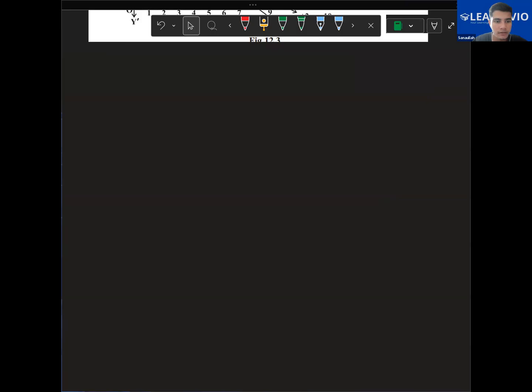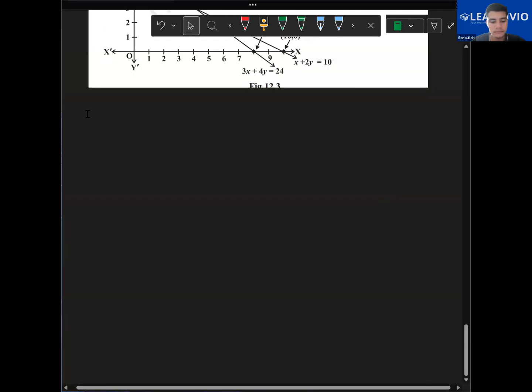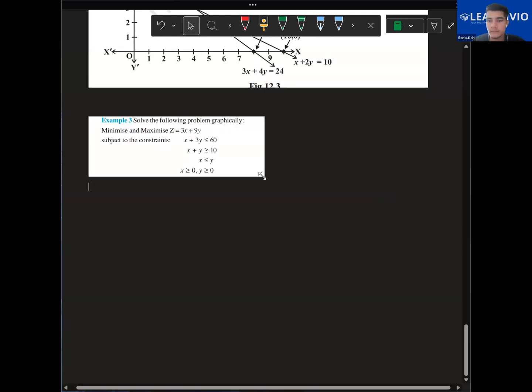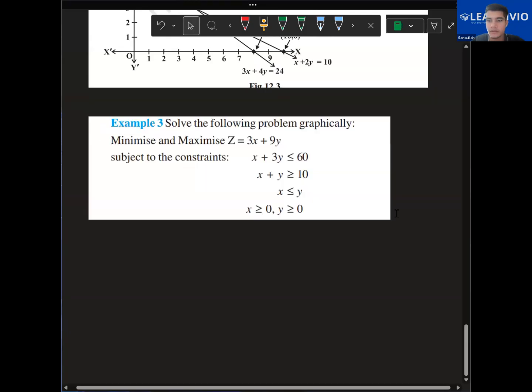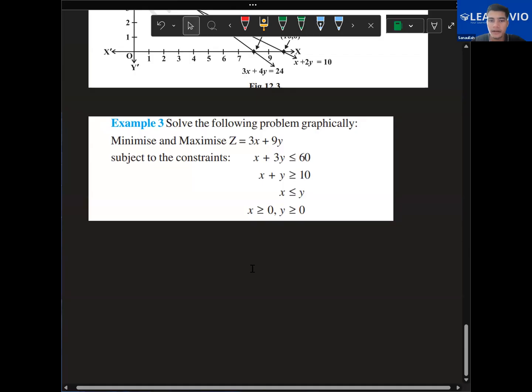So this is the question. Solve the following problem graphically. Minimize and maximize z equals 3x plus 9y. And these are the constraints. You have to find both the maximum and minimum values of your objective function.